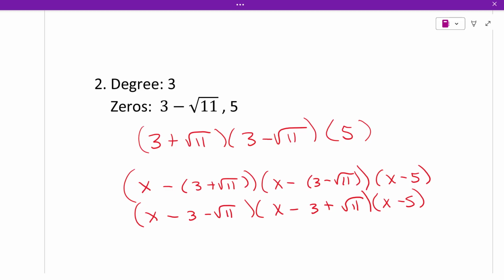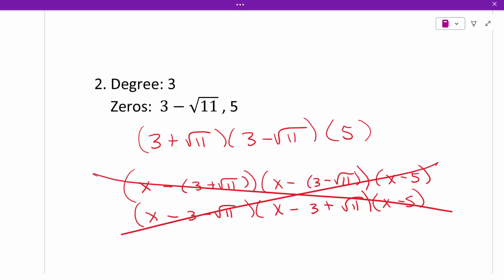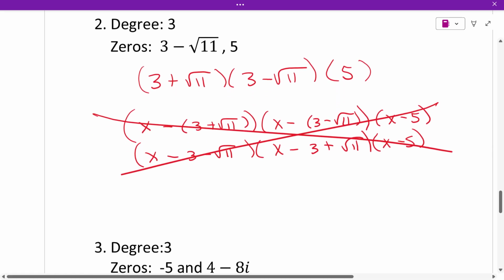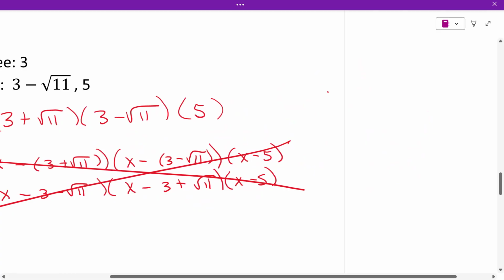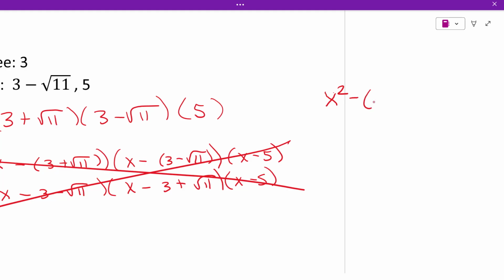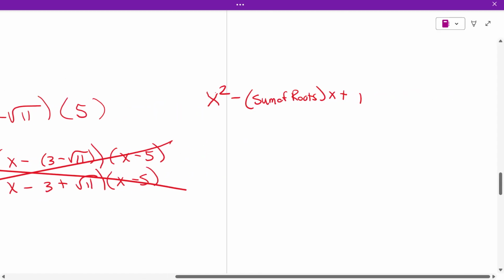I say too many people make sign errors when they try to do this. I don't like to do it that way. So my way of doing it is different. My way is this way. X squared minus the sum of the roots times x plus the product of the roots.